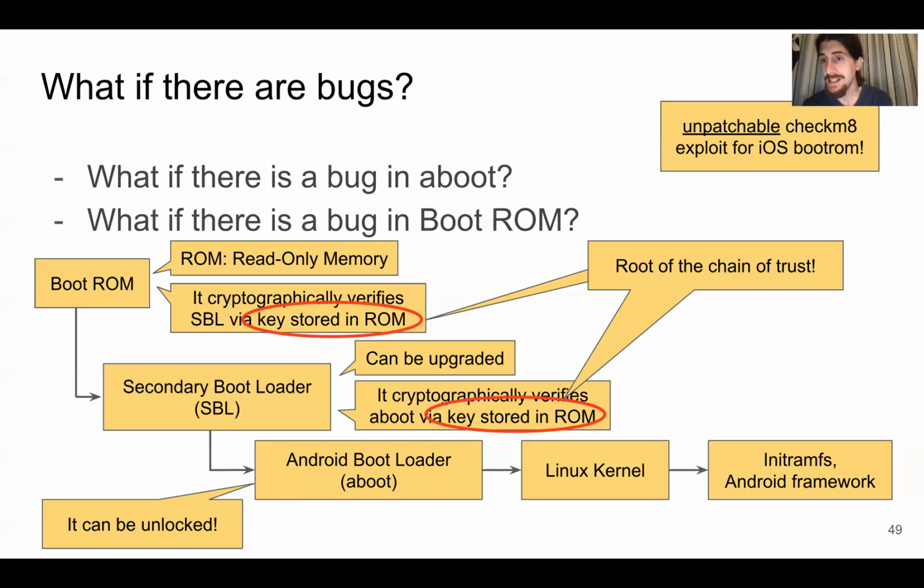This is basically unpatchable, in the sense that Apple cannot do much. All phones with this specific version of the boot ROM are going to remain vulnerable forever. It was super bad and super interesting. This was not affecting the latest versions of Apple phones.